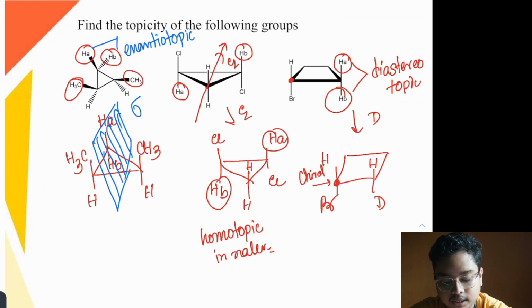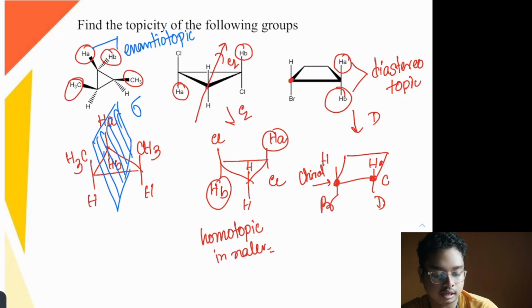Now, if this center becomes a chiral center, and there is already a chiral center present, that means these two form a diastereomer. Because if we change HA to D and keep HB intact, that doesn't harm this chiral center's absolute configuration. That means it will form a diastereomer. That means this HA and HB are diastereotopic in nature.